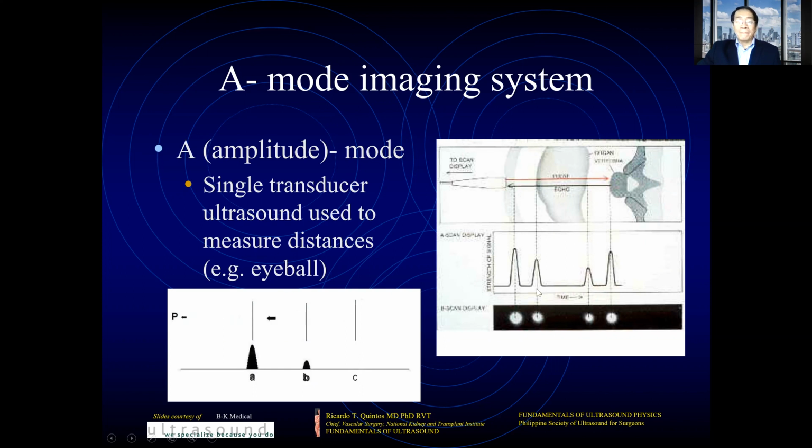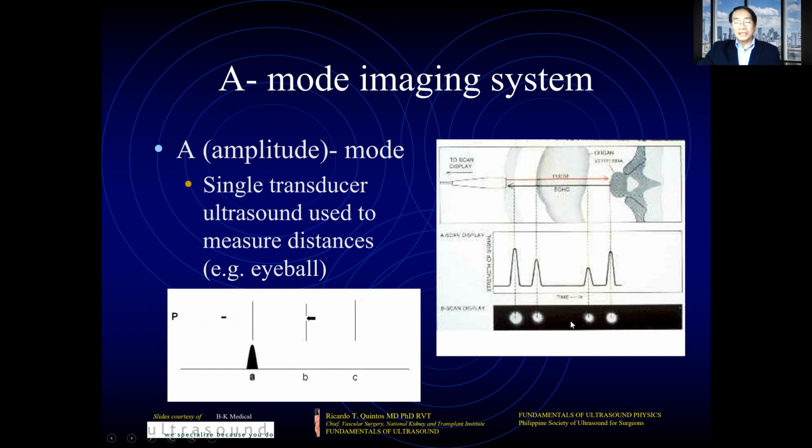retroperitoneal tissue. And then you will see these amplitudes, which tell us that the echoes here are bright, the echo here is not so bright, the echo here is not so bright, and this one is a bit bright, coming from the bone. And these are the waveforms that were picked up by the echoes.